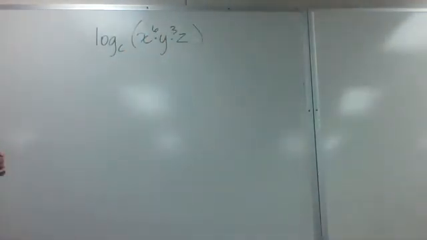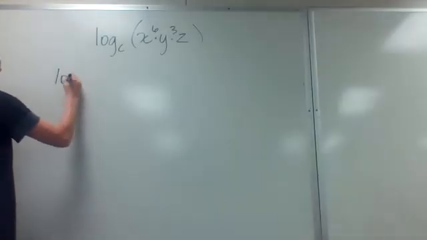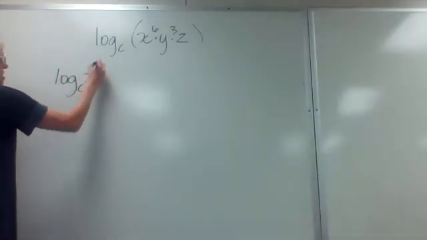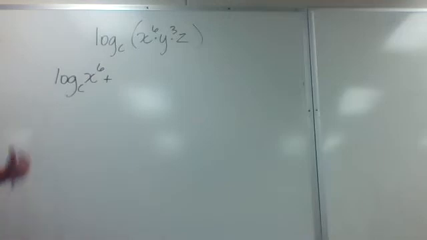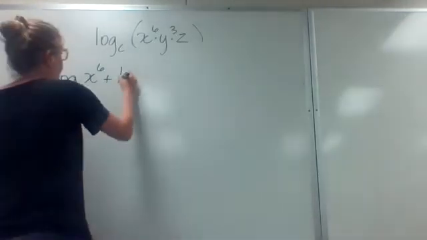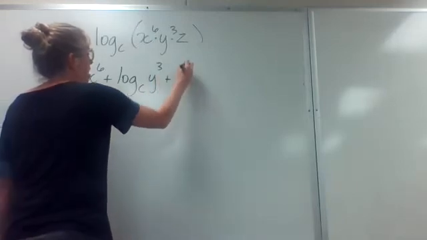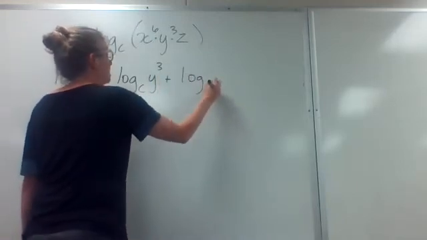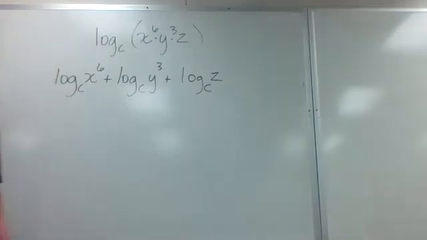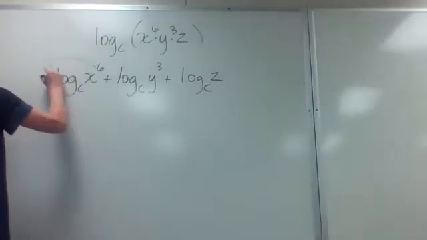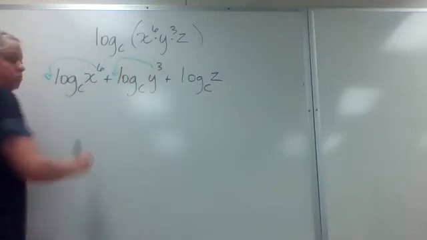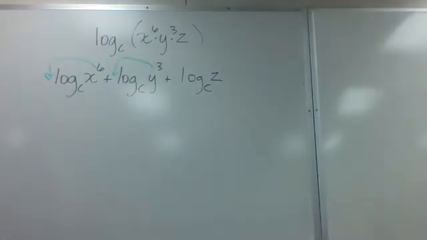since those are multiplied. So I'm going to have log base c of x to the 6th plus log base c of y to the 3rd plus log base c of z, and then bring down those exponents.